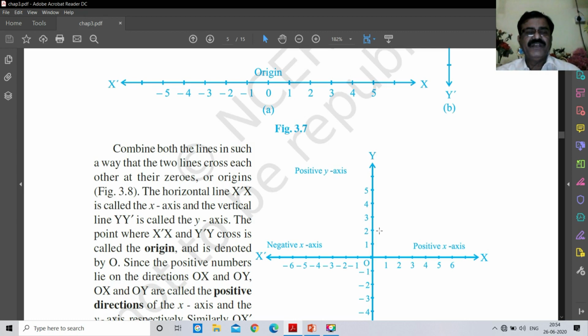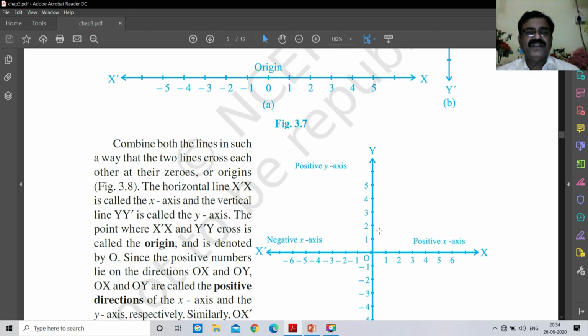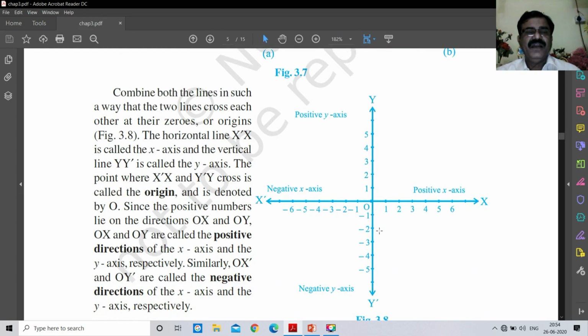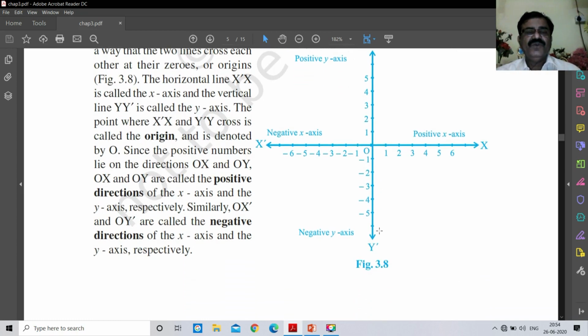The point where x'x and y'y cross is called the origin and is denoted by O. Since the positive numbers lie in the direction OX and OY, OX and OY are called the positive directions of the x-axis and the y-axis respectively. Similarly, OX' and OY' are called the negative directions of the x-axis and the y-axis respectively.